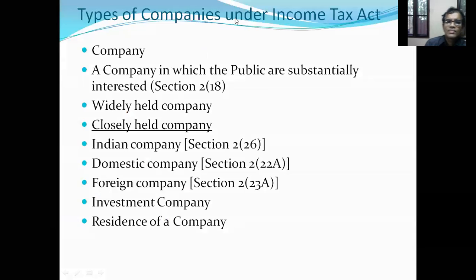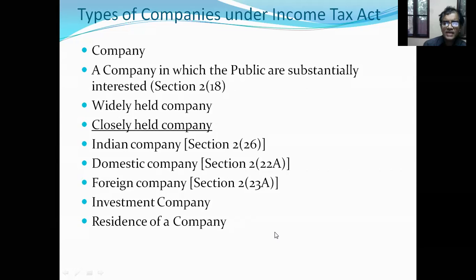Now coming to types of companies under the Income Tax Act. Companies are divided into these categories based on their nature, where they are situated, how they are controlled, with whom they are doing business, and whether the public is interested or not.